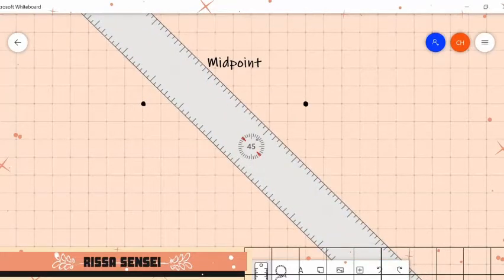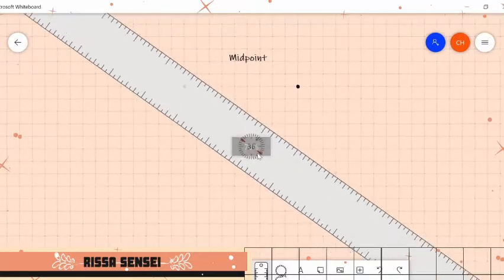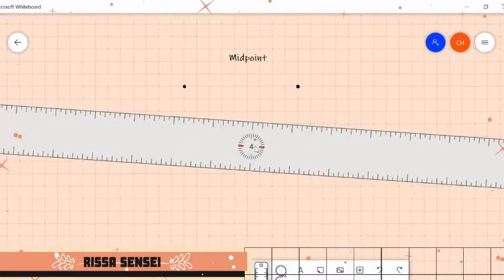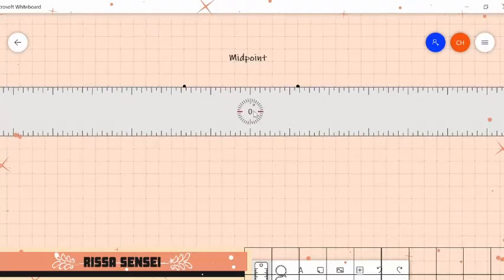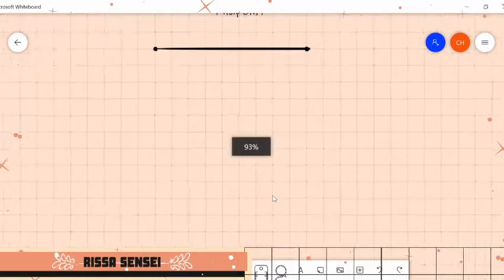Sige na nga, mag-ruler na tayo. Ayan. So, let me draw a segment. There.